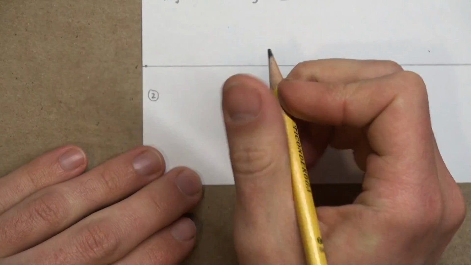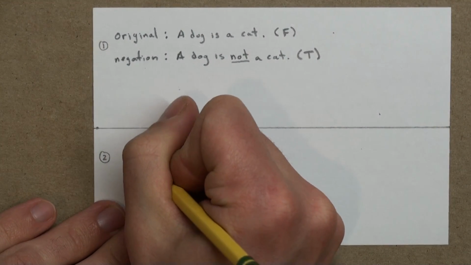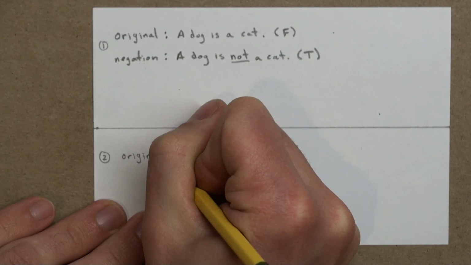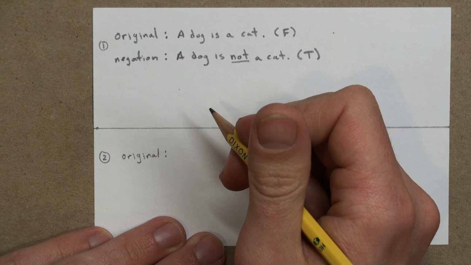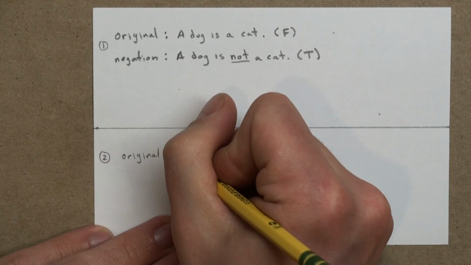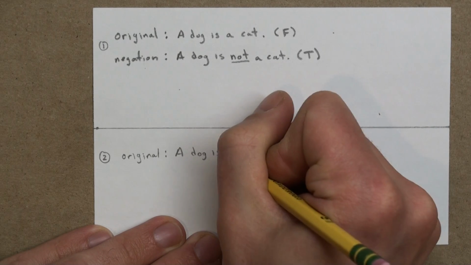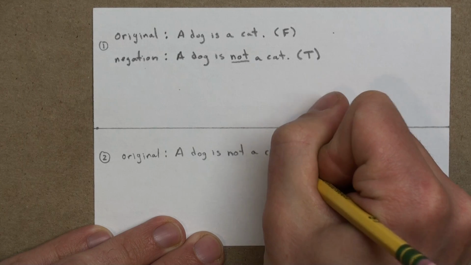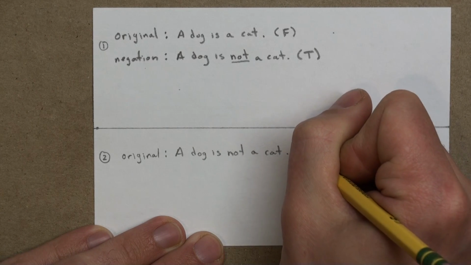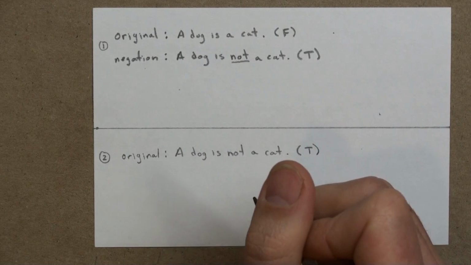So this was example 1, and for example 2, suppose the original already had a not in it. Like a dog is not a cat. And we know that is true.